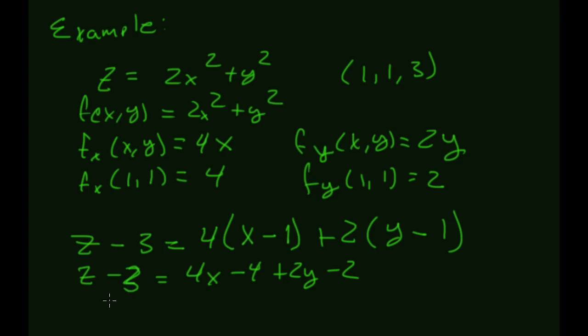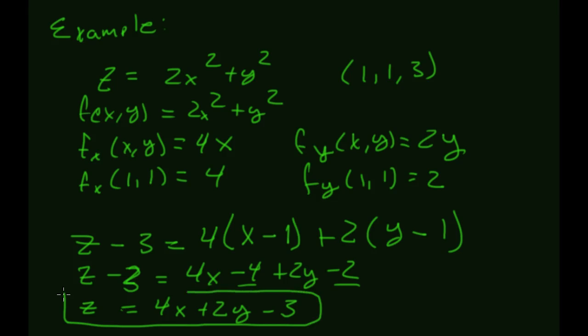Combining like terms, z is equal to 4x plus 2y, negative 2 and negative 2 is negative 6 plus 3 gives me negative 3. So this plane is going to be tangent to that surface at that point. All right, that's pretty straightforward. There you go. And we'll work with this in class a little bit.